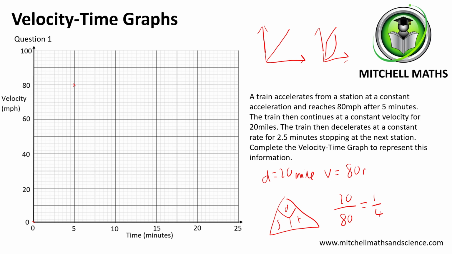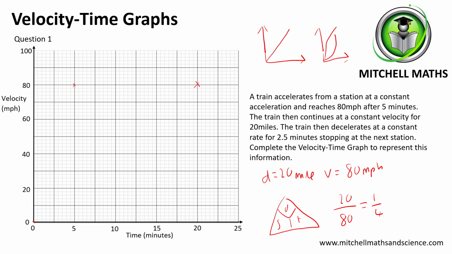Because this velocity is in miles per hour, that's a quarter of an hour, which we know to be 15 minutes. So the train is at 80 miles per hour at 5 minutes and it continues 20 miles. Therefore it's going to be 5 plus 15, which takes us to 20, because it travels at this speed for 15 minutes.